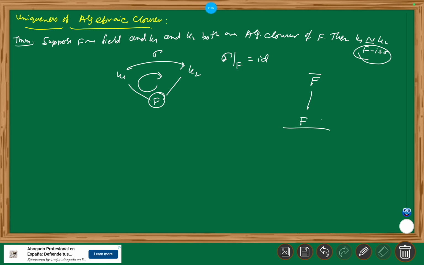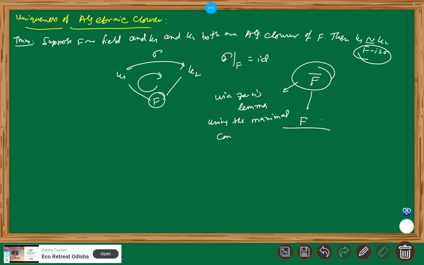In fact, the existence of algebraic closure is solved via Zorn's lemma, using the maximal condition. So this is the largest one that one can think of.